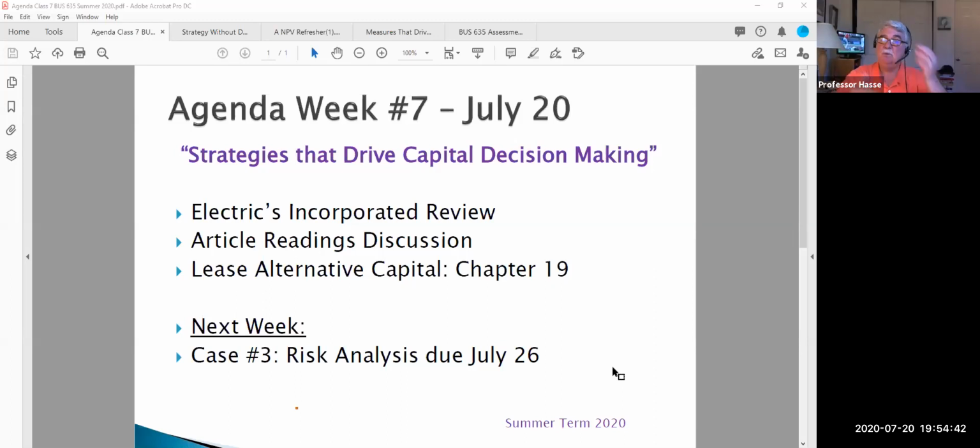So we'll talk about more strategies next week. What's a strategy this week? Leasing. Another strategy next week? Merger. Let's merge with a company. Let's find economies of scale where we can combine departments and save money. What's another capital strategy? Let's acquire businesses. Google, Microsoft, Amazon. How did they become huge?